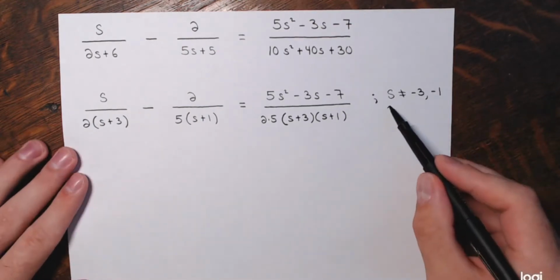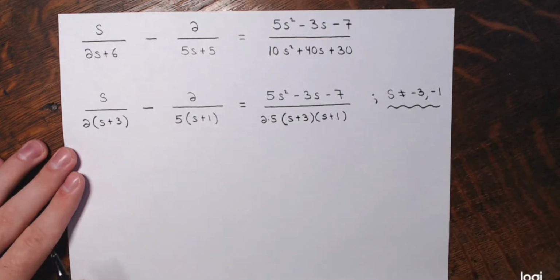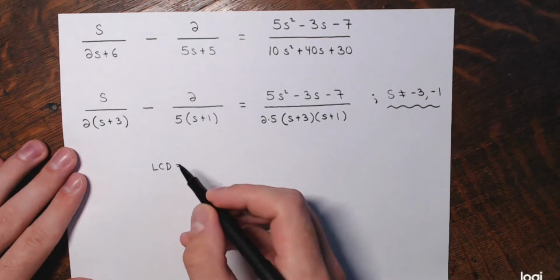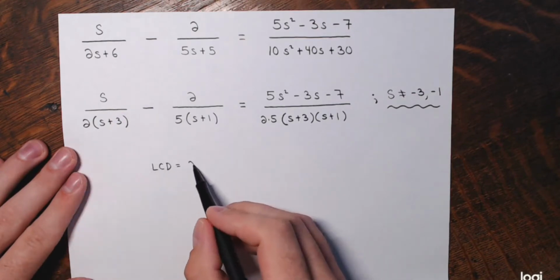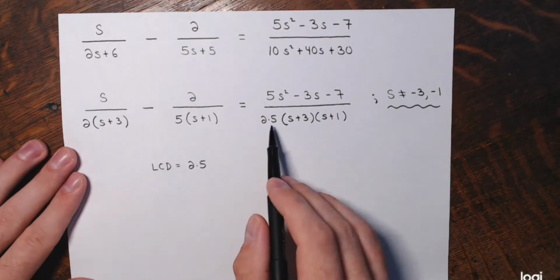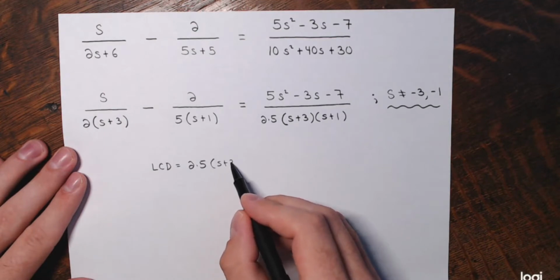So just keeping that in mind for the rest of the question. Now, the LCD, the least common denominator, would clearly be 2 times 5, or 10. There's a factor of 2 and a factor of 5 showing up in all these, and times s plus 3 times s plus 1.